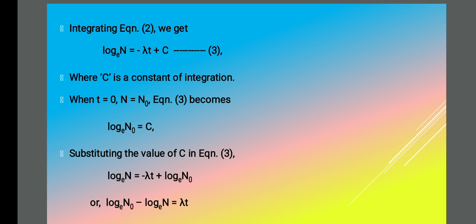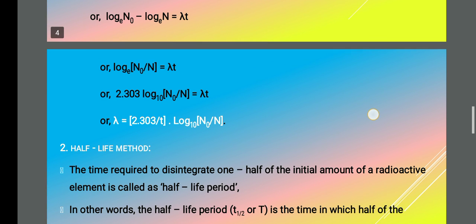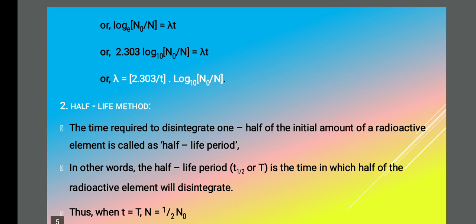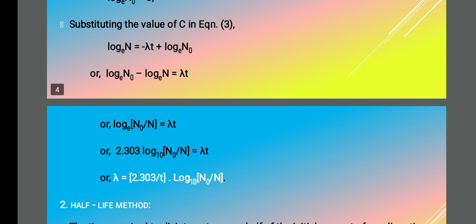So you get 2.303 log to the base 10 of N0 by N equal to lambda t. Or simply, lambda is equal to 2.303 divided by t into log to the base 10 of N0 by N. Is it okay? I'll repeat this whole derivation once again.